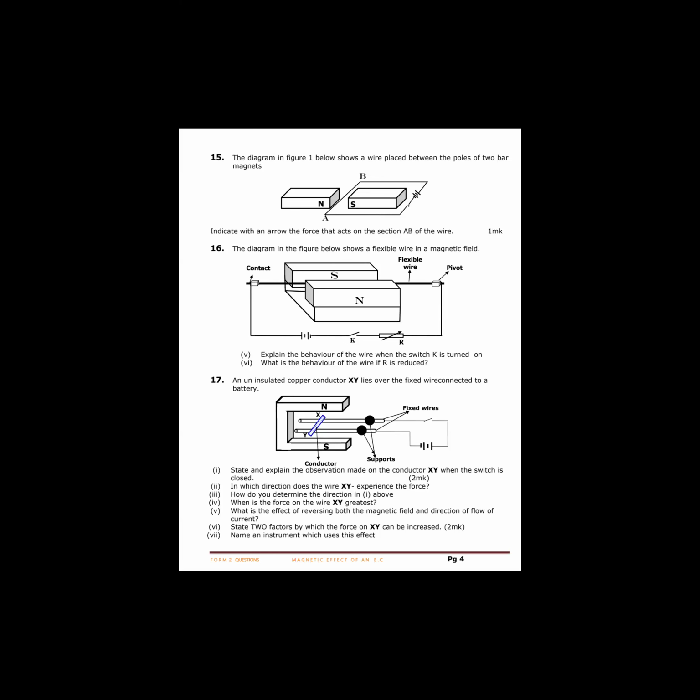So meaning, if the current is flowing from X to Y, the finger indicating current should be pointing towards Y. So can you fix your left hand fingers? First ensure that, from Fleming's left hand rule, your fingers are mutually at right angles.